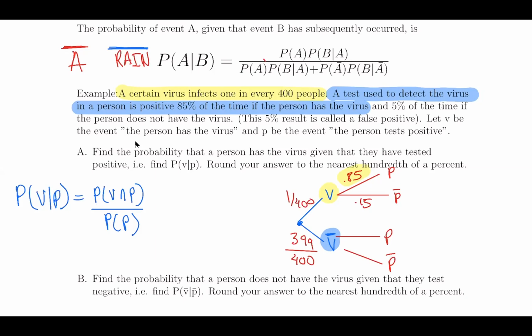What percentage of people who don't have the virus test positive? Well, it says 5% of the time if the person does not have the virus, they'll test positive. So right here, we'll put 0.05, and below here, we'll put 0.95. Because the 0.05 represents how many people will test positive, the 0.95 will represent people who test negative.